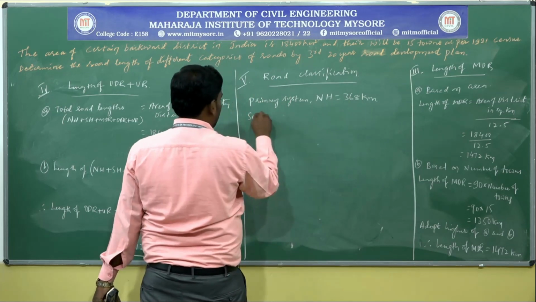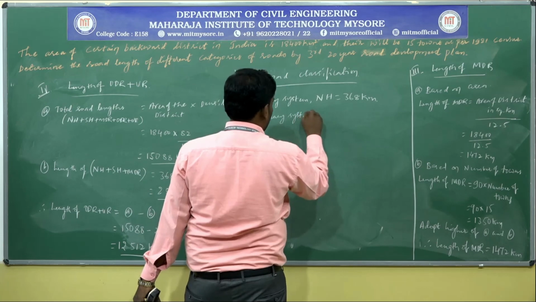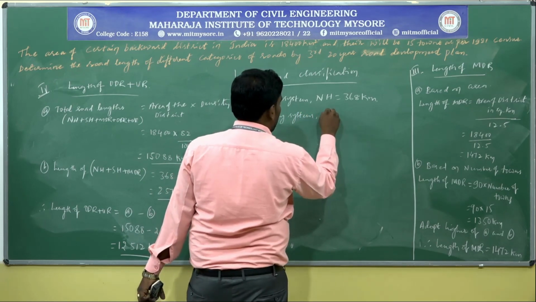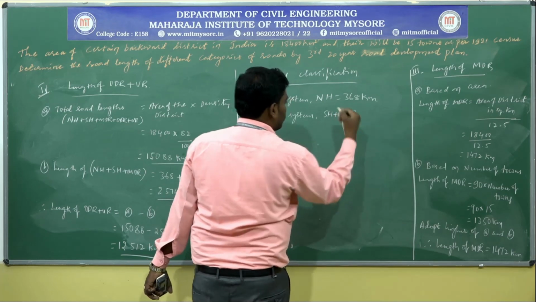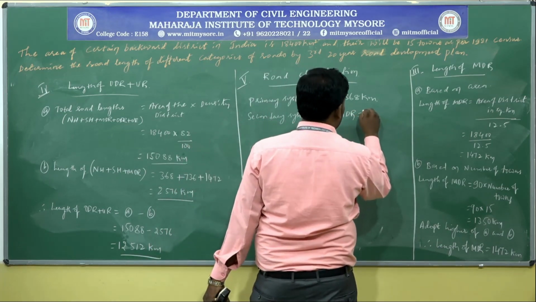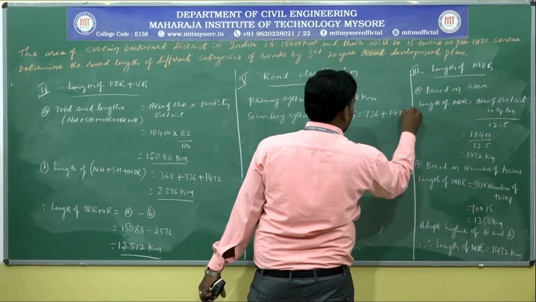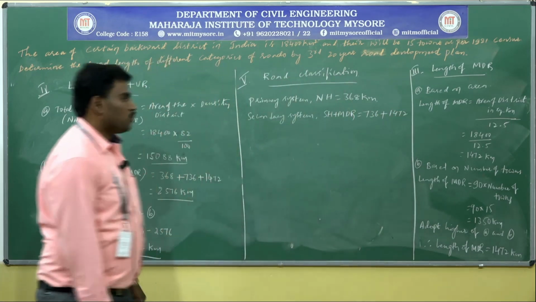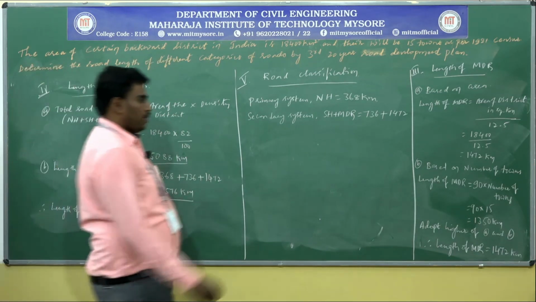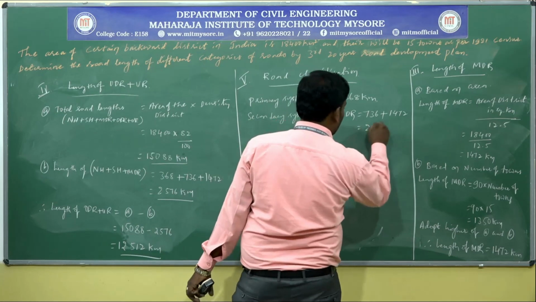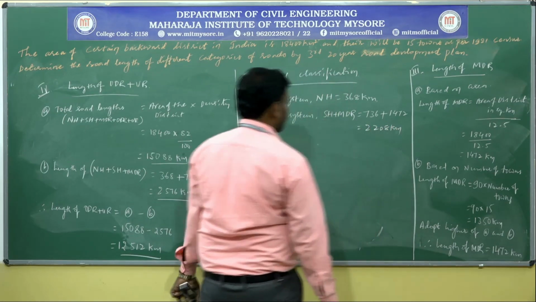Next is the secondary system, that includes SH plus MDR. SH is equal to 736 kilometer and MDR is 1472 kilometer. 736 plus 1472 will give about 2208 kilometer.